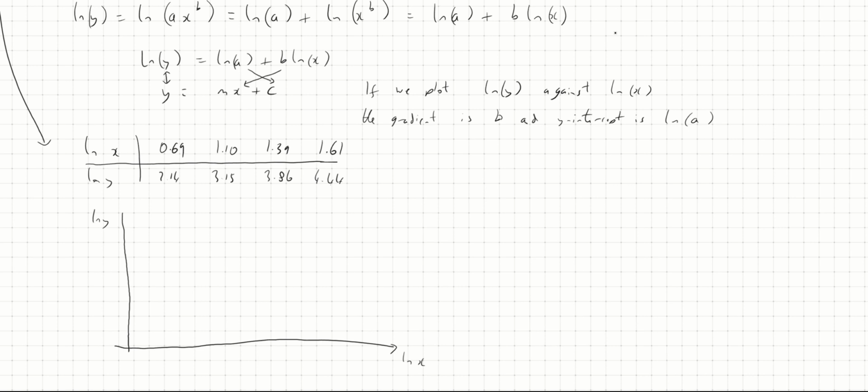So when x is 0.69, then log y is 2.14. So let's have 0.69. Let's just see how roughly we can do this. Let's say that's 1, that's 2, that's 3, and then on the y-axis, we can say that's 1, that's 2, that's 3, that's 4.